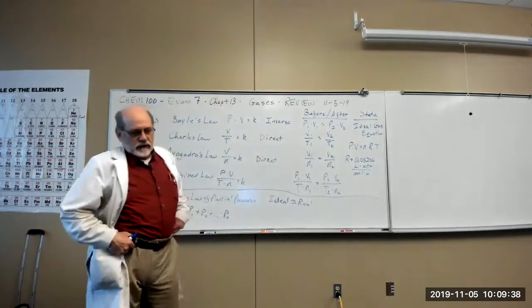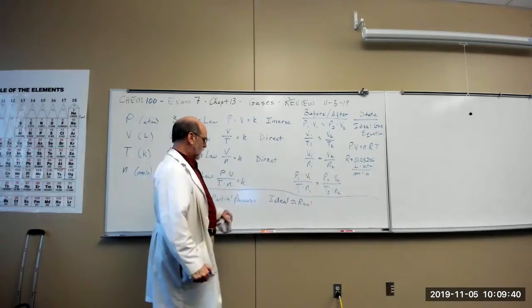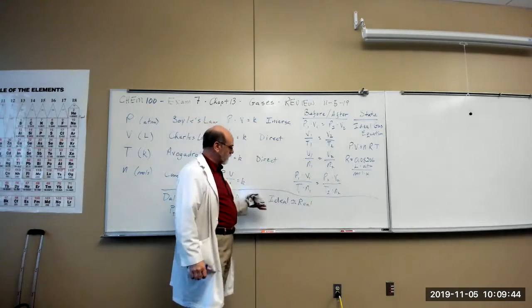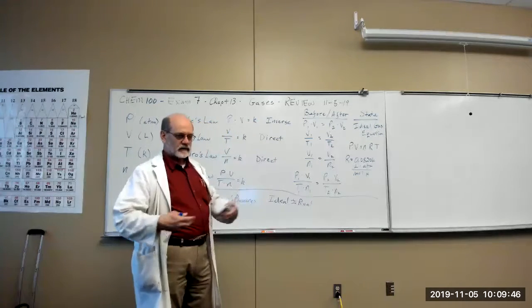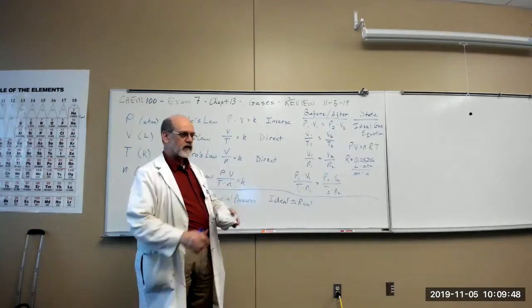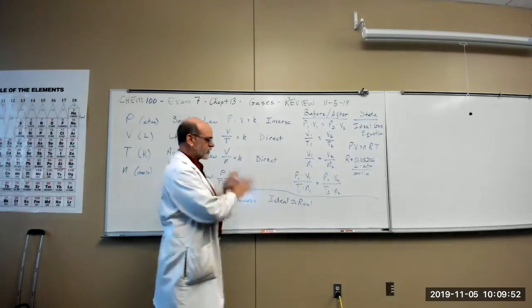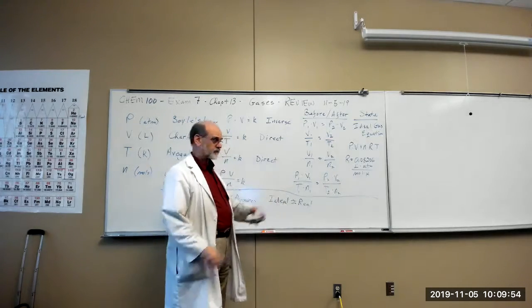There was no difference. And that's fortunate because all of these laws are developed with the ideal gas in mind. In other words, every gas behaves like every other gas under these conditions, and that is true.